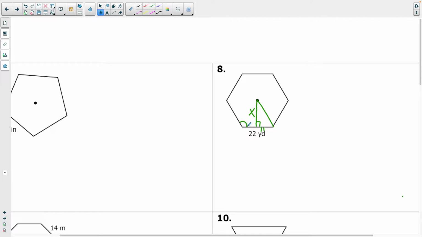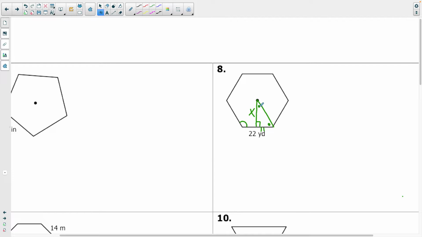So it's a hexagon, right? Okay. So how many degrees is that angle right there? 120. Which means this angle right here is how many? 60. Which means that this angle right here is 30. Betsy, I know you knew that because we just worked one like that, but I want to make sure we know how to get that.